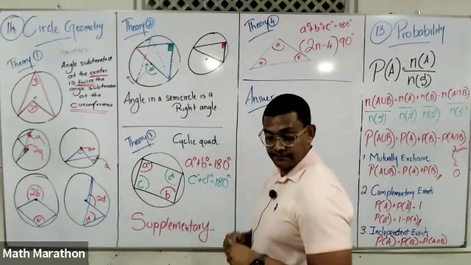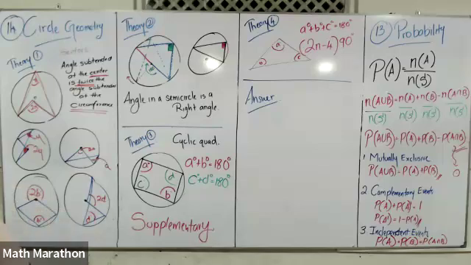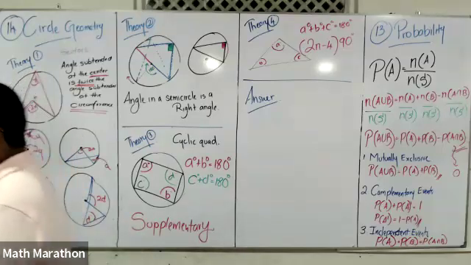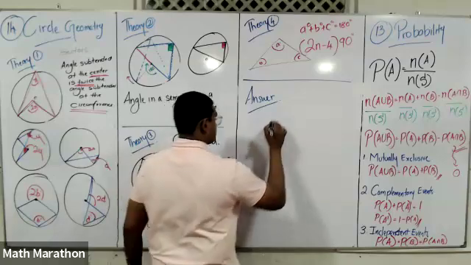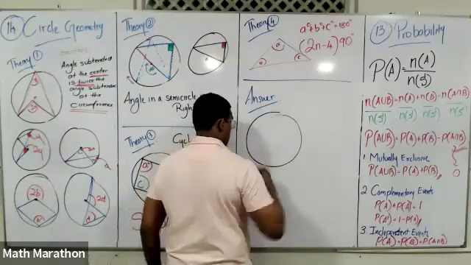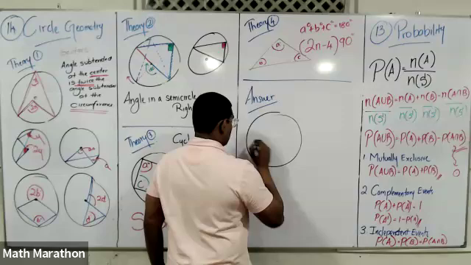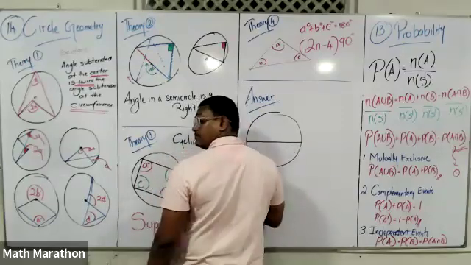Go for the answer. So these four theories have to be in your mind to answer the question. Okay. PQ is the diameter.